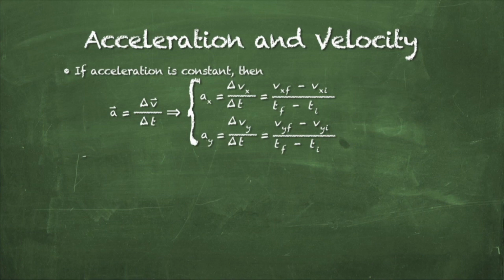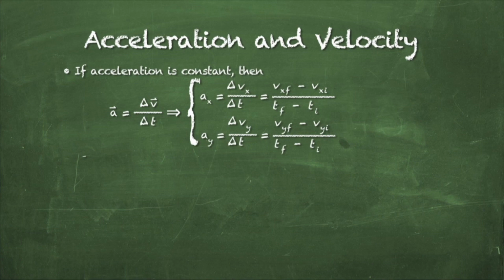So we have acceleration in the x direction is equal to v sub x final minus v sub x initial. So final minus initial, that's the change. That's how much the velocity, at least the x component of velocity, has changed in that time interval. And we divide by the change in time, which is time final minus time initial.